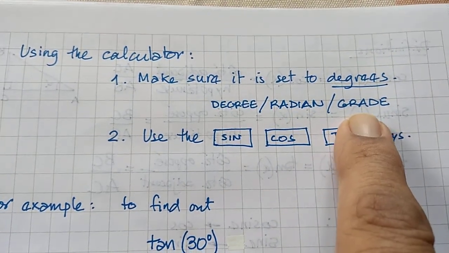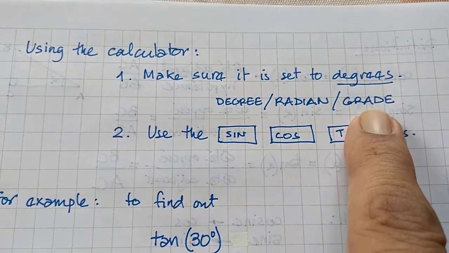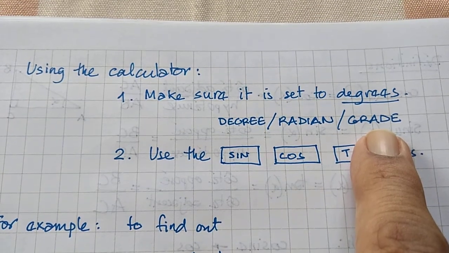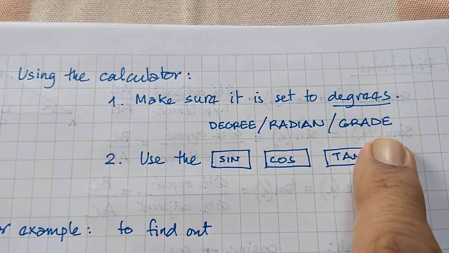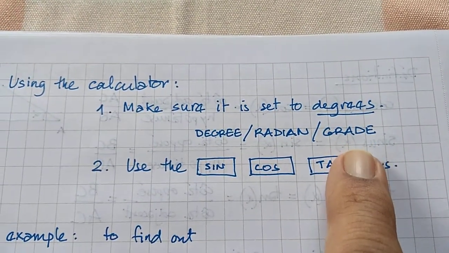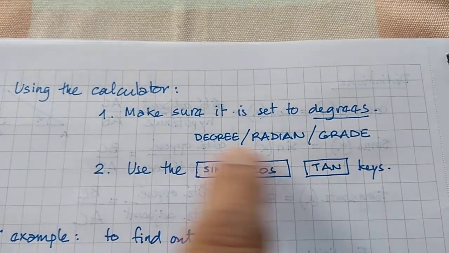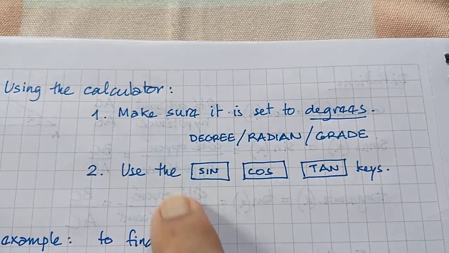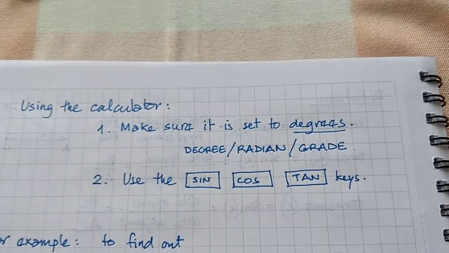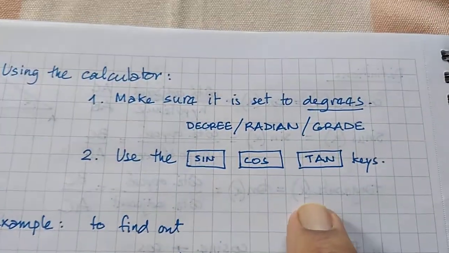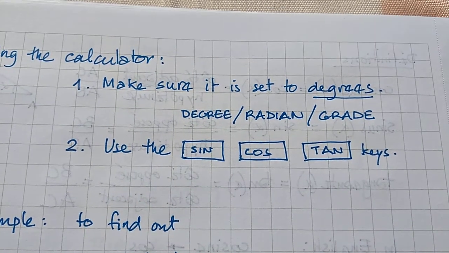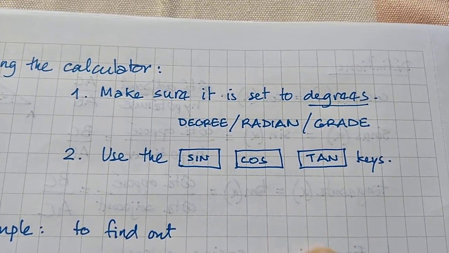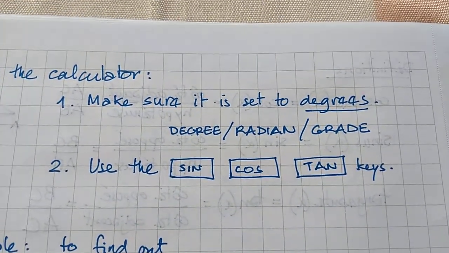And grade is something that is never used. It was called grade in French. It was invented by the French, and they wanted to divide the whole circle, instead of 360 degrees, into 400 grades, because that is easier to divide. 400 is divisible by 100, whereas 360 is not divisible by 100.